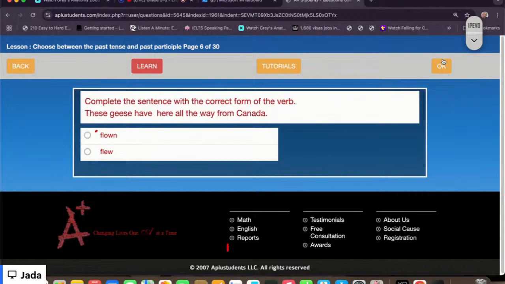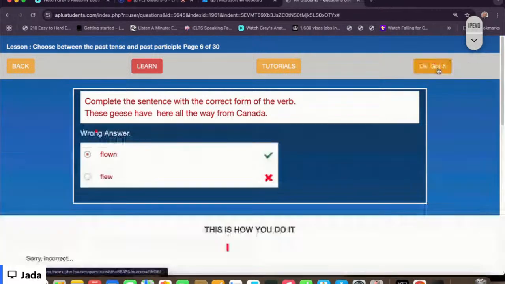So if you say have flew, it is not correct, but you have to say they have flown here all the way from Canada.